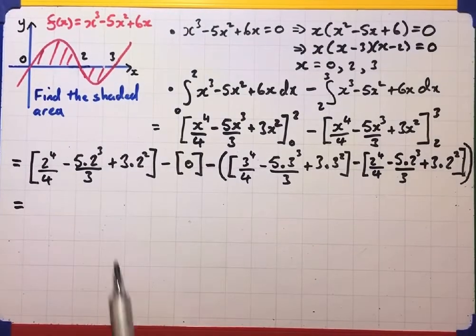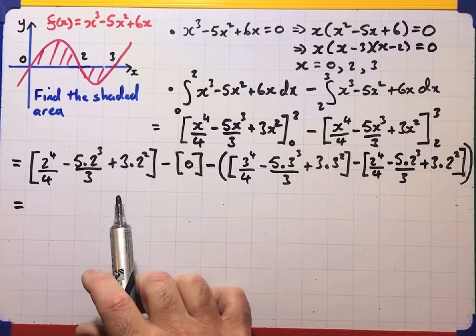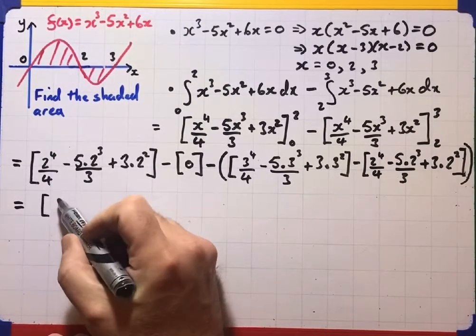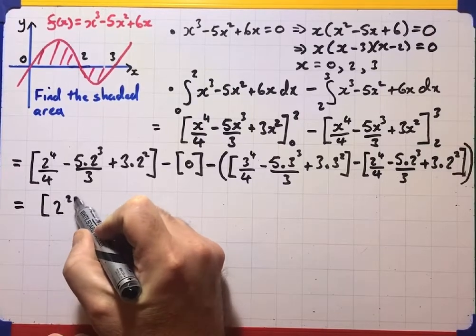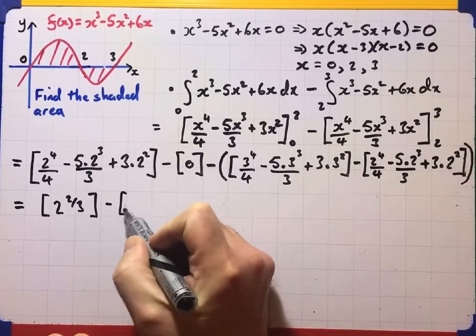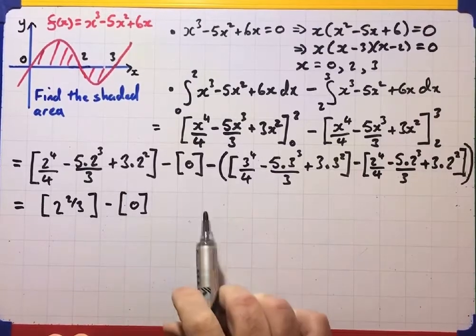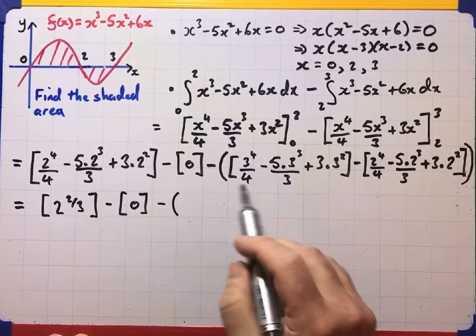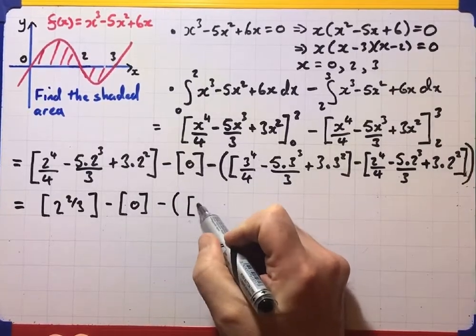So, putting these numbers into my calculator, it gave me the first bracket here is 2 2/3. Second one we already knew was 0. This bit minus worked out this one, gave me 2 1/4.